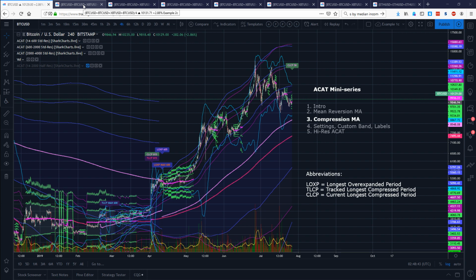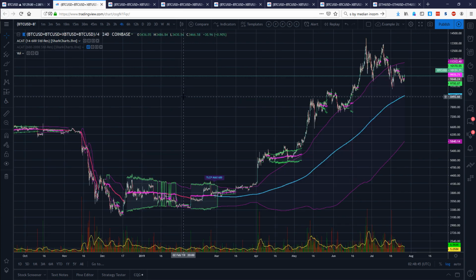I am going to start, though, the same way I did with the previous video on mean reversion moving average, with a chart that has managed to max out the longest compressed period. Its warning color is cyan. It's actually not that common to see this maxed out, but this was a 1700-ish overexpansion, if you'll recall.